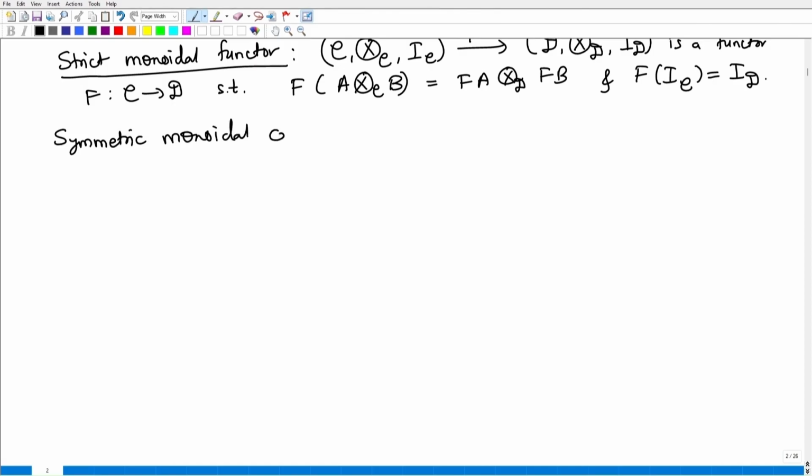So, obviously, it has one extra piece of data.